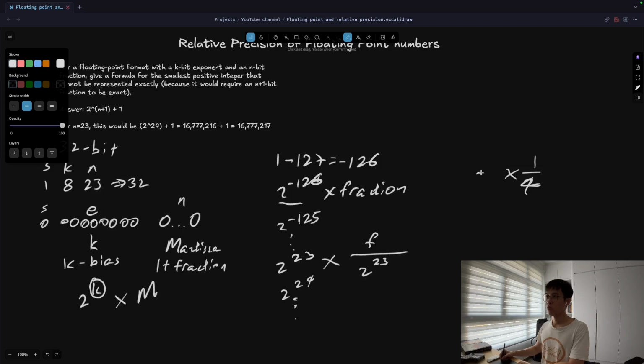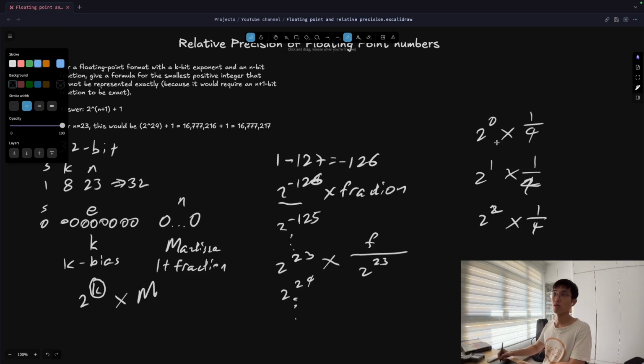So if we have 2 to the power of 1, then maybe have 2 to the power of 2, and let's have 2 to the power of 0. So every increment here of the fraction, when you go from 1 over 4 to 2 over 4 to 3 over 4, the value here, because this is a different color just to show calculations.